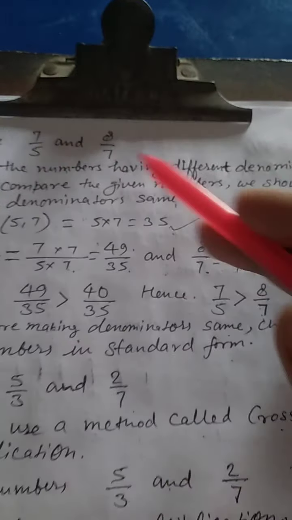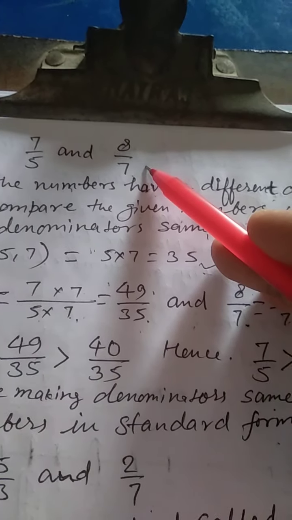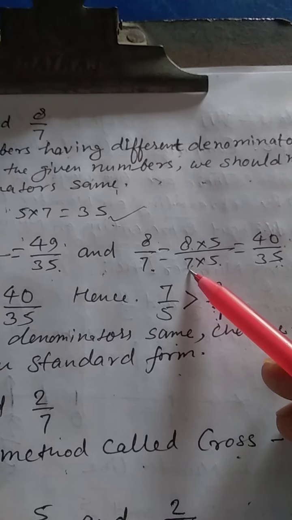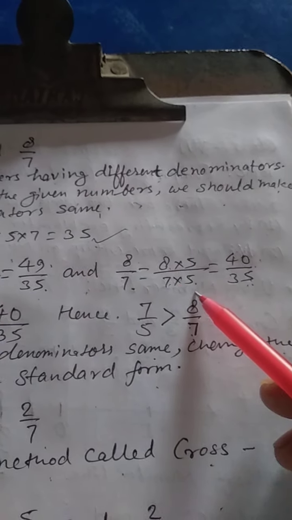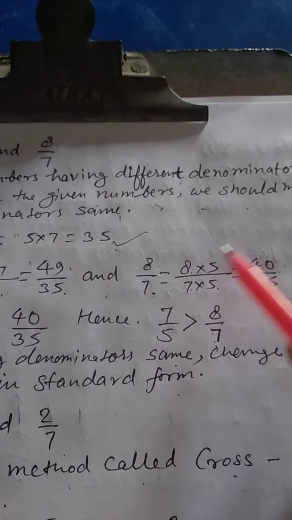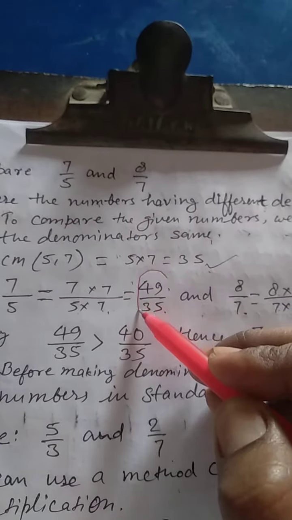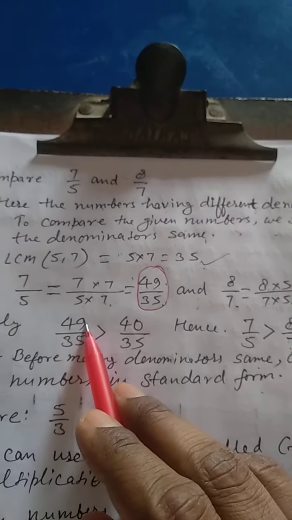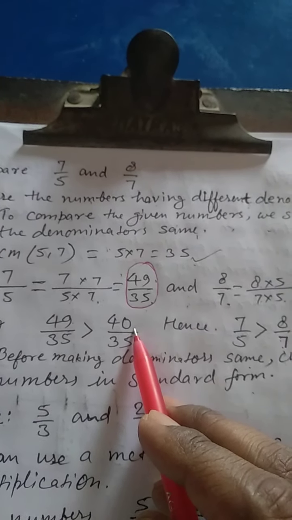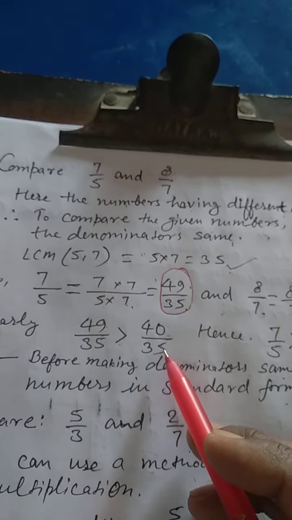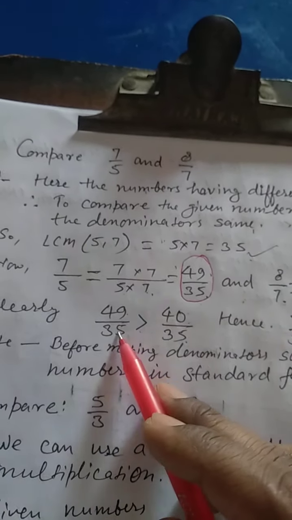And 8 by 7 is also written with the denominator 35, so I am multiplying this number by 5: 7 times 5 is 35 and 8 times 5 is 40. Now our numbers are 49 by 35 and 40 by 35. And clearly 49 is greater than 40. So 49 by 35 is greater than 40 by 35 because they have the same denominator.